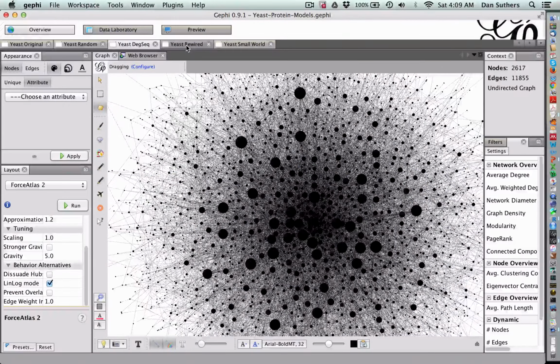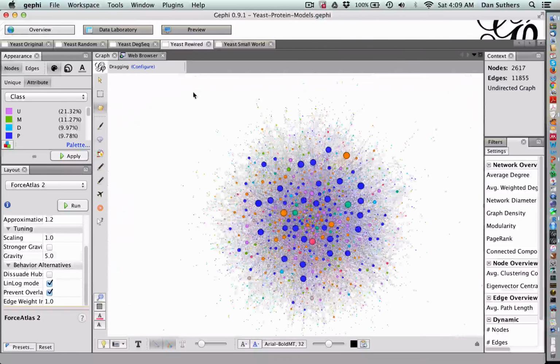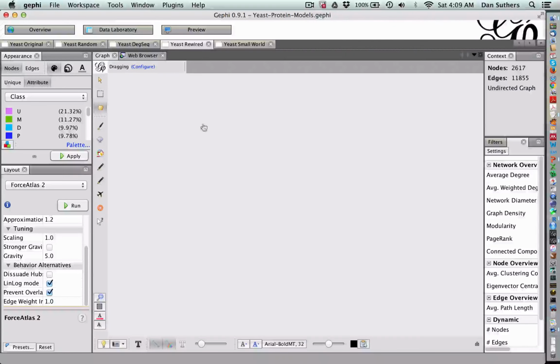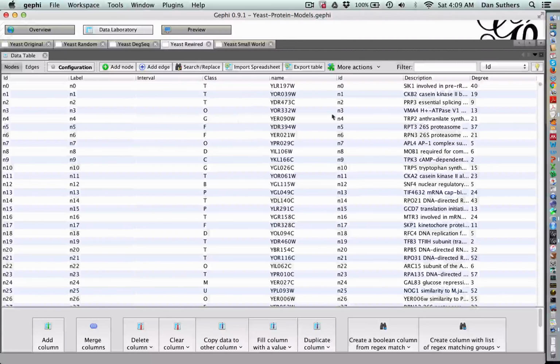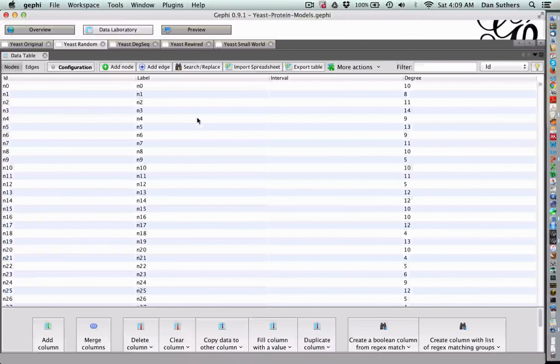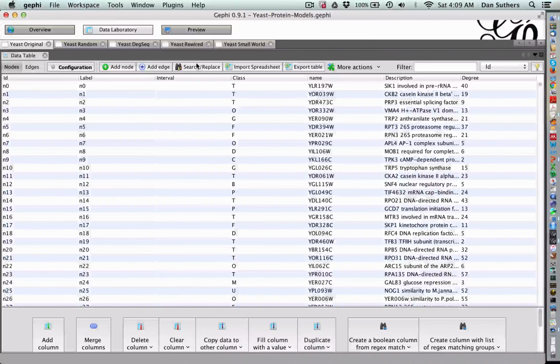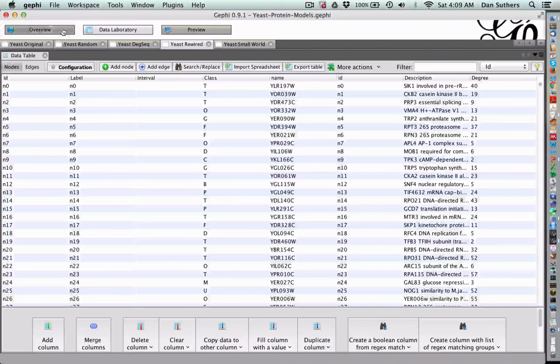I'm going to the data laboratory here, it preserved all the attributes on the nodes because it's rewiring the original graph and it's keeping the same nodes. Whereas the random graph, it's just making new nodes. So here's the original, here's the rewired, it has the same attributes.